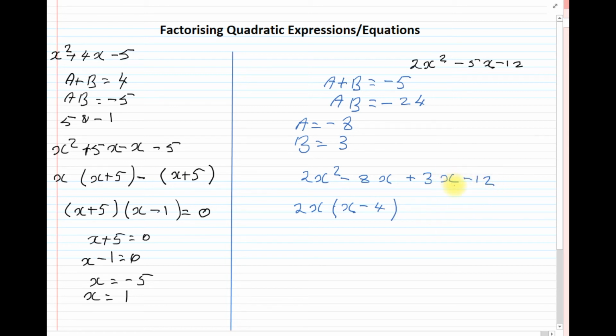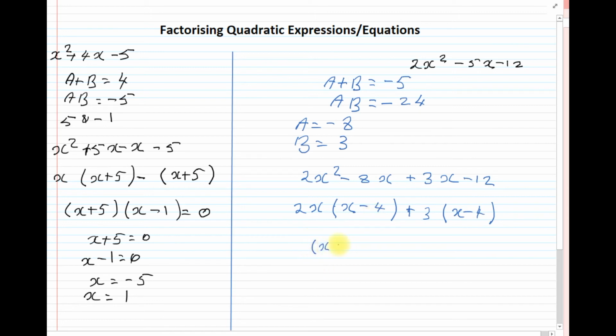Here, the next two terms I can factorize out a 3. So if I factorize the plus 3 out of those two terms, I will get x minus 4. Now I have an x minus 4 bracket here and an x minus 4 bracket there.